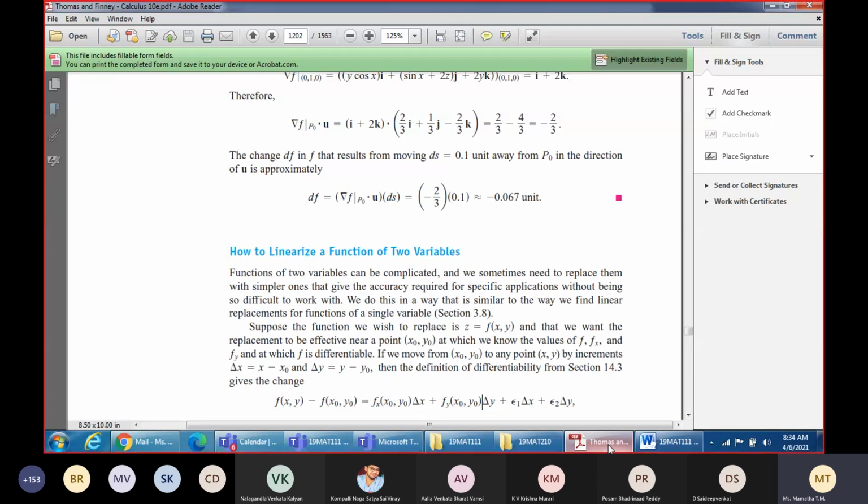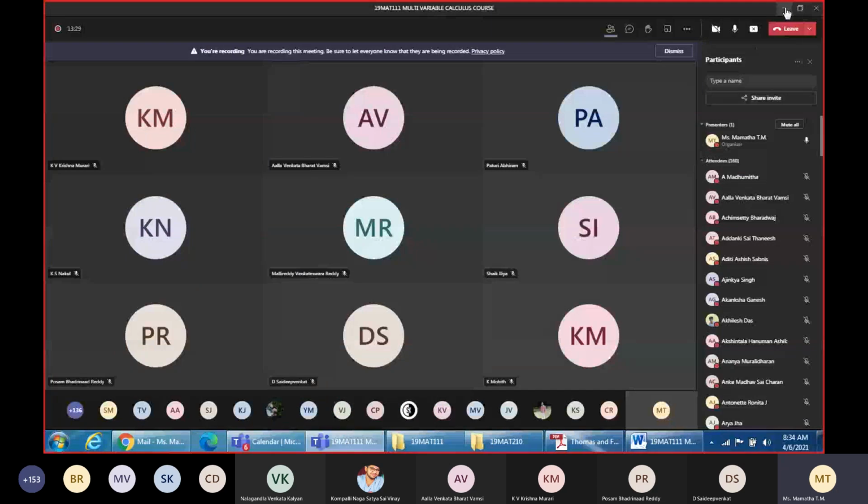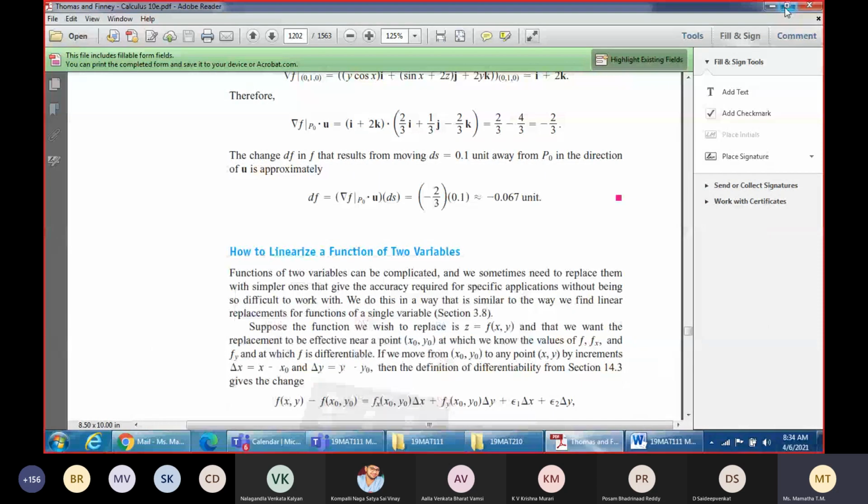Can you all see the PDF share? Yes, ma'am. Okay, so we go for the next concept, that is linearization.